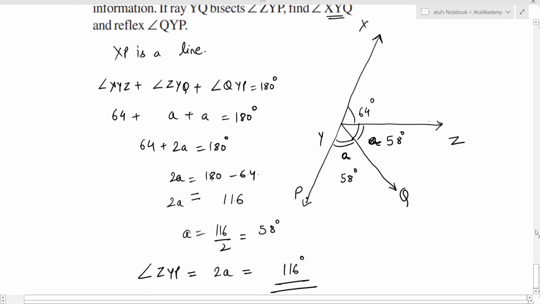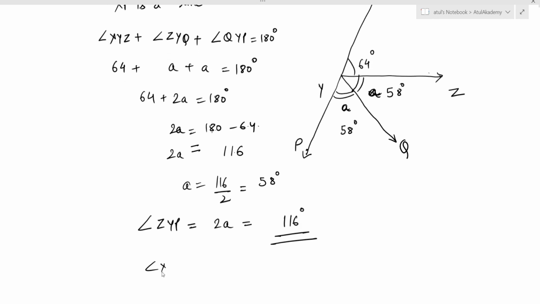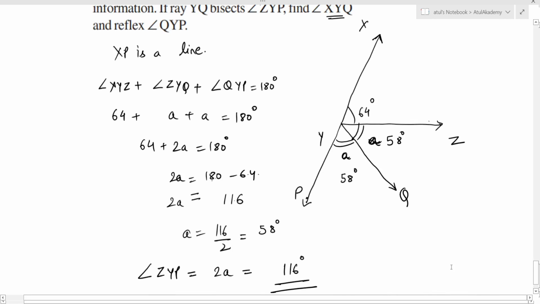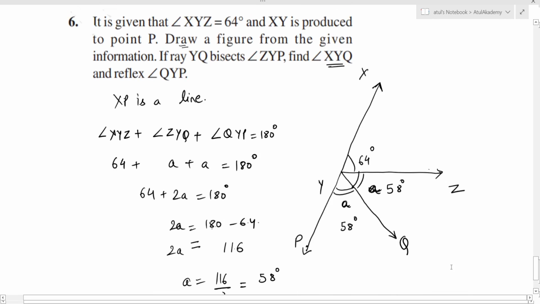So XYQ will be what? Angle XYQ is XYZ plus ZYQ, which is 64 degrees plus 58 degrees. How much is that? 4 plus 8 is 12, 1 carry over, so 122 degrees. Clear? We got XYQ. And then we have to find the reflex of QYP. QYP is 58.